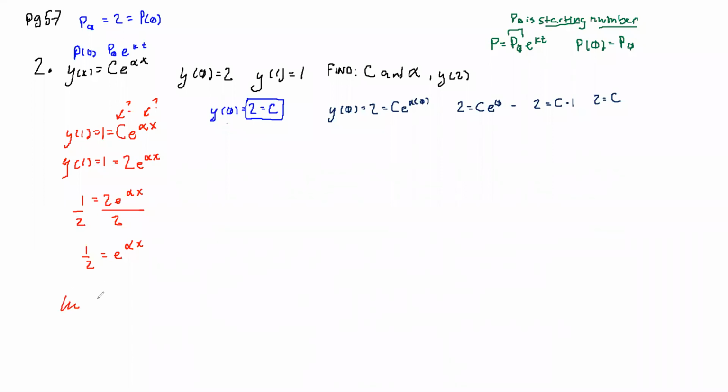So natural log of 1/2 is equal to natural log of e to the alpha x, which is equal to alpha x. I can do that, right? I'm pretty sure I can do that. Isn't the natural log of e 1, so wouldn't it just be log of 1/2 equals alpha x? Yes.